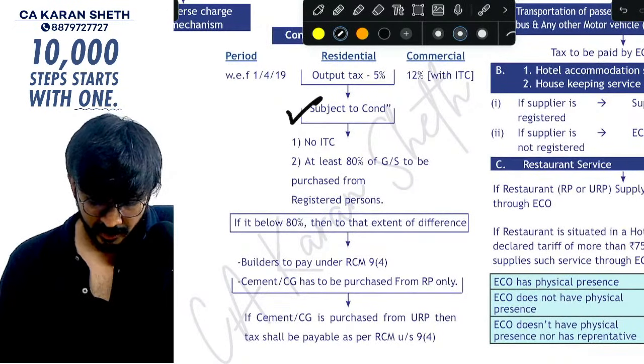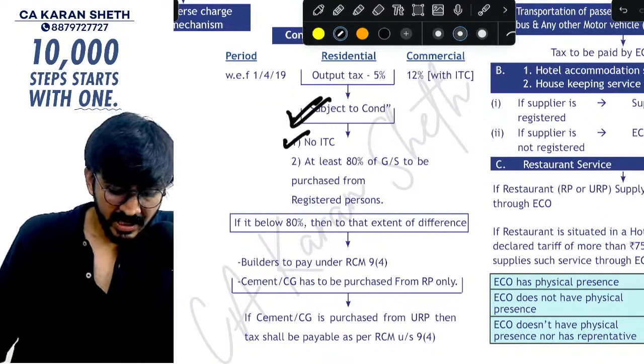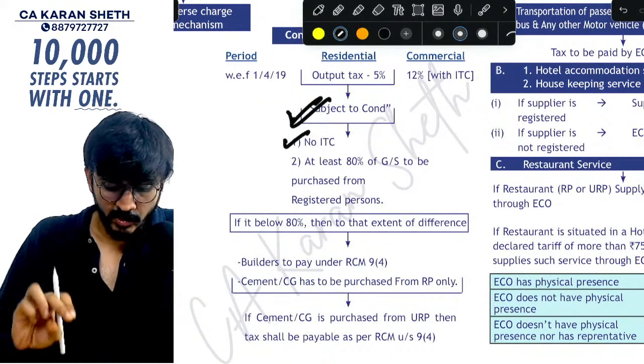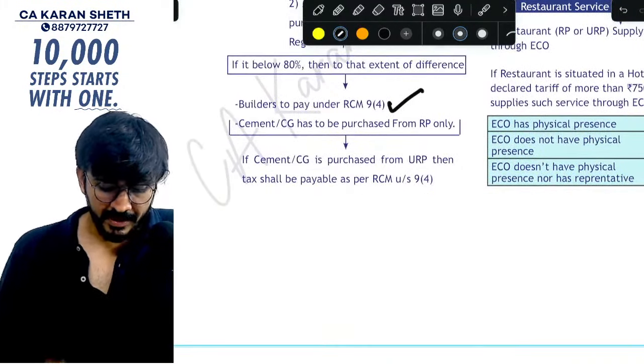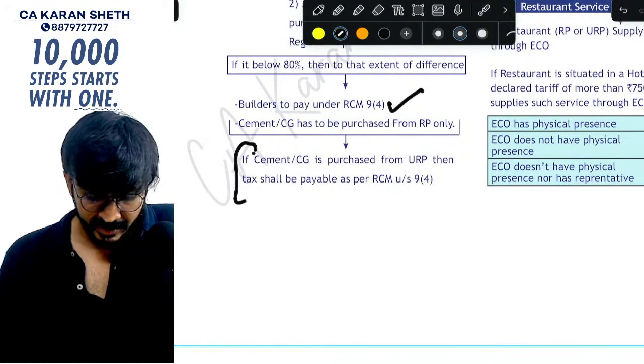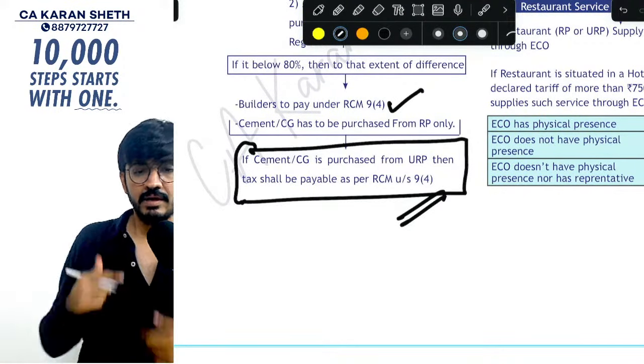Subject to the condition that there is no ITC, at least 80% should be purchased from registered persons. If it is below 80, then to the extent of the difference, it will be payable as per RCM. But just make sure that cement CG is purchased from a registered person only. If it is purchased from an unregistered person, then RCM will apply.